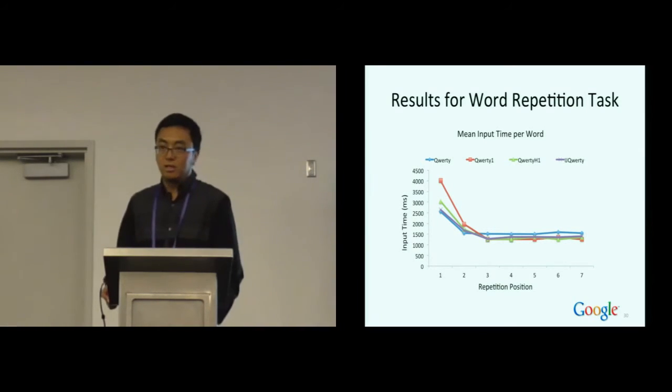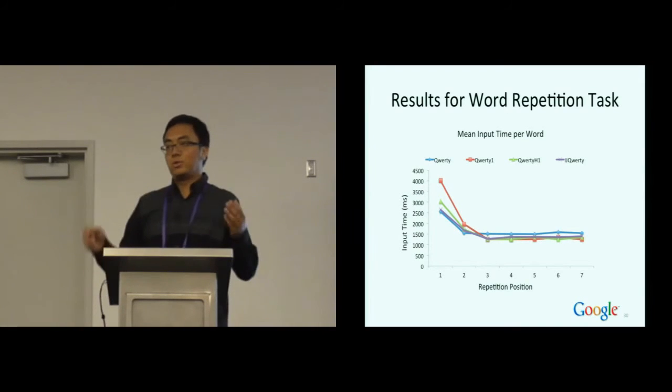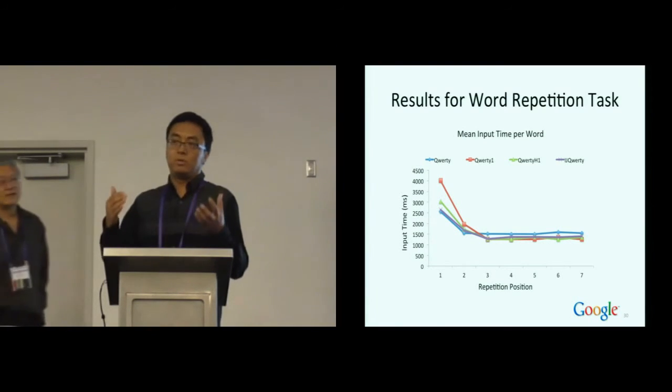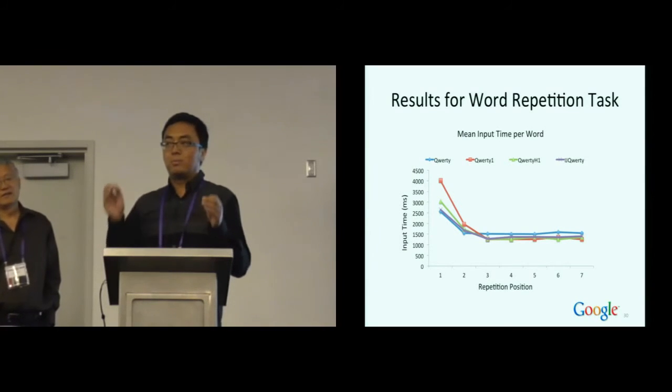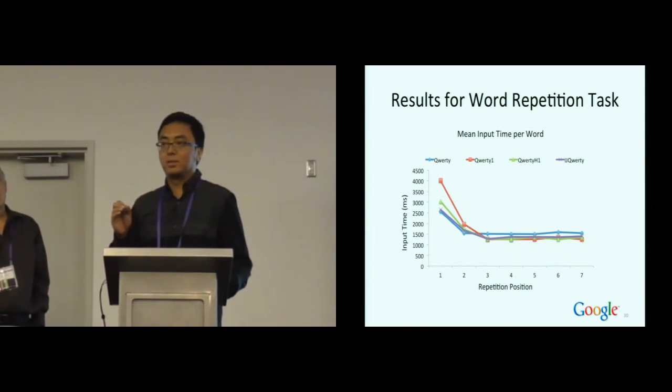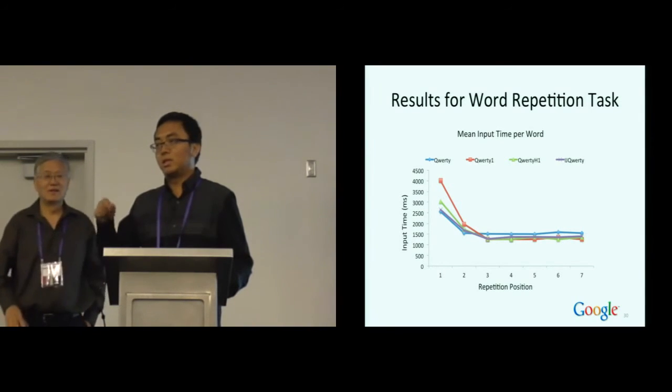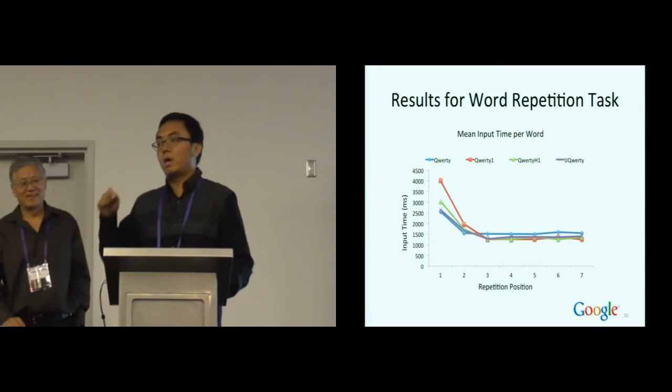Yeah, I think in typing, basically your input time will be constrained by your motor ability and maybe other factors like the visual search time and whether you remember the words. So with the idea that you repeat the same word multiple times, at the first or second trials, you might still need to do some visual search. But once you repeat the same word in a row, in the last few trials we expect that it will eliminate the visual search time and cognitive load.